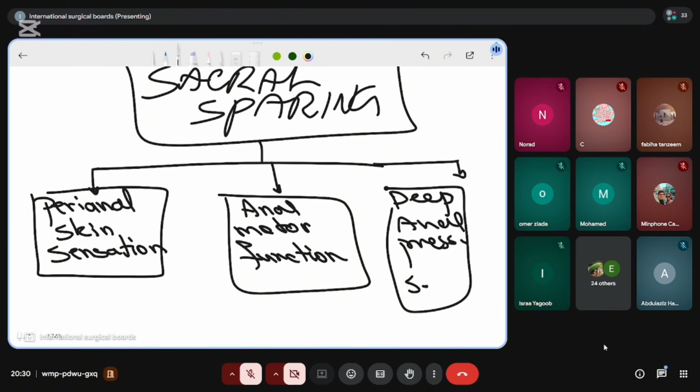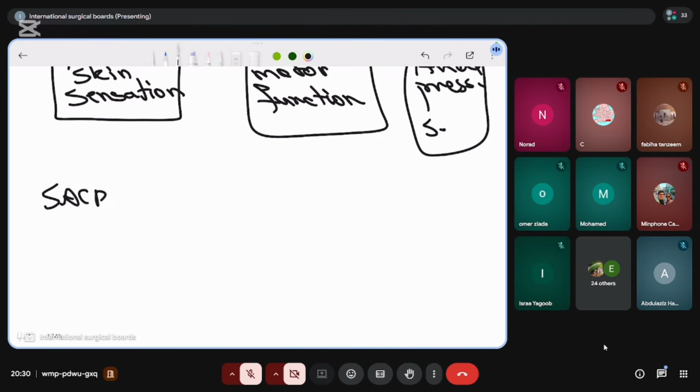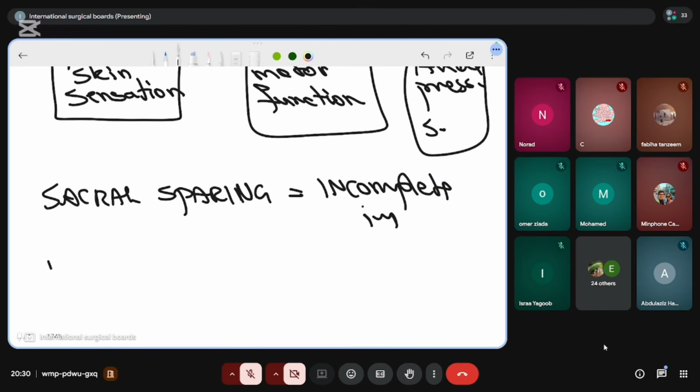If any of these is present, it means incomplete injury. So bottom line, sacral sparing equals incomplete injury. No sacral sparing, complete injury.